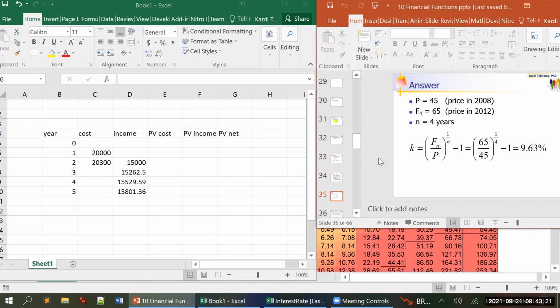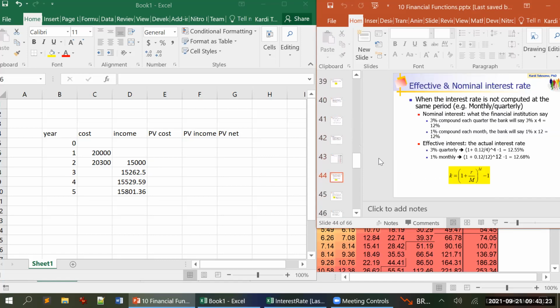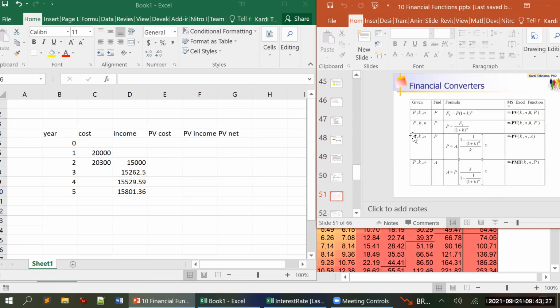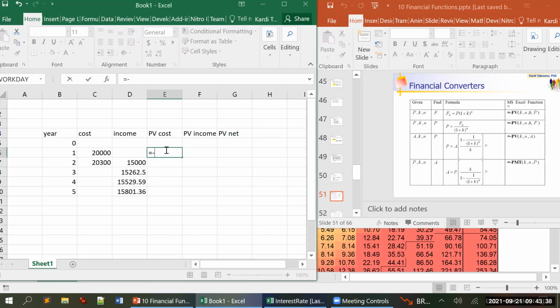You go to the table from a while ago. If I know the future value, I want to get the present value, so that one is minus PV of what? The K. Oh, the K should be changing here.